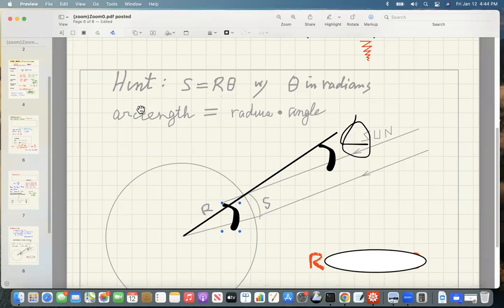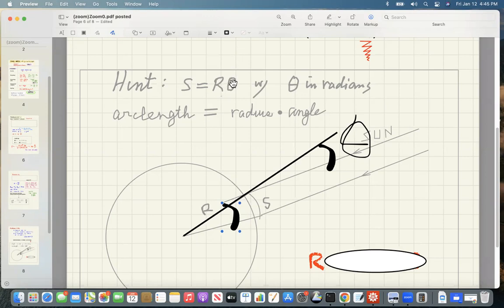So in any physics problem, you have to calculate something with an equation. So here's the equation. It's really just the definition of an angle in radians. And again, if you're not so familiar with angular units like degrees and radians, you can look it up in Appendix A in the textbook.